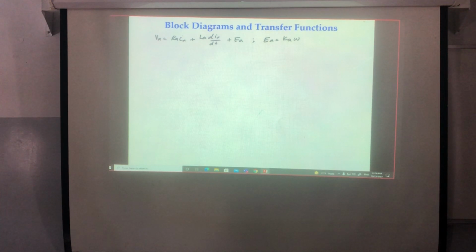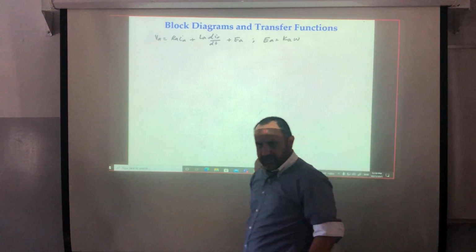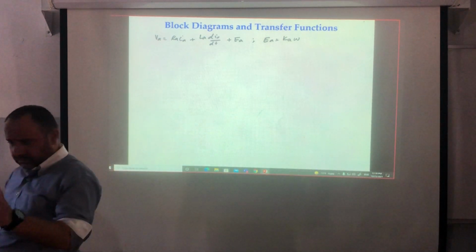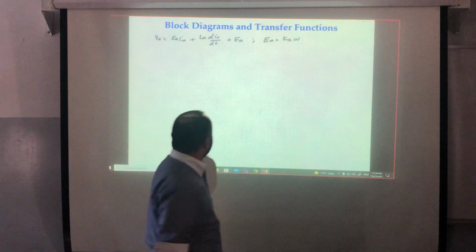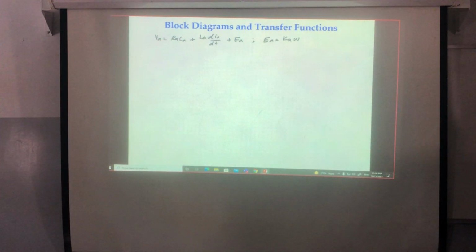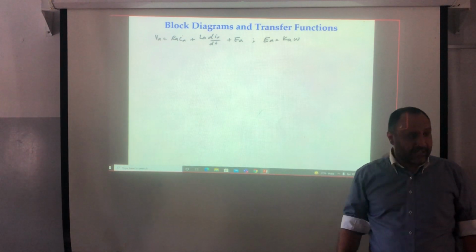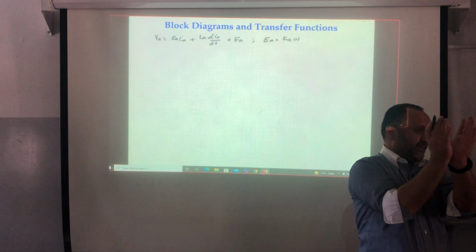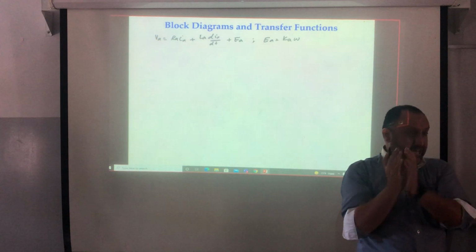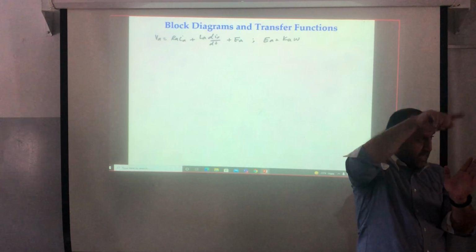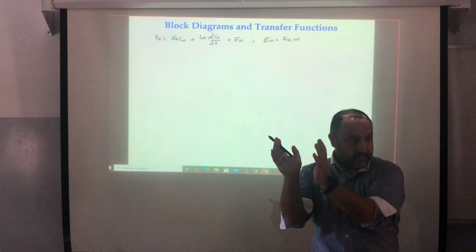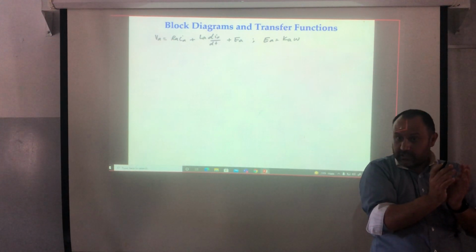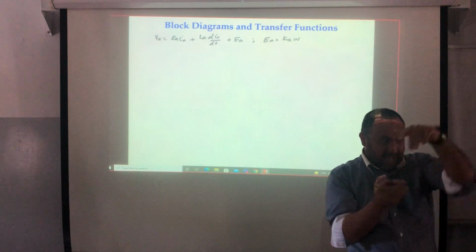Now let's take the Laplace transform for this under the assumption that the initial condition is equal to 0. If I have any time function and I take its Laplace transform, I will write it as a capital letter. So VA of t becomes VA of s, and IA of t becomes IA of s.